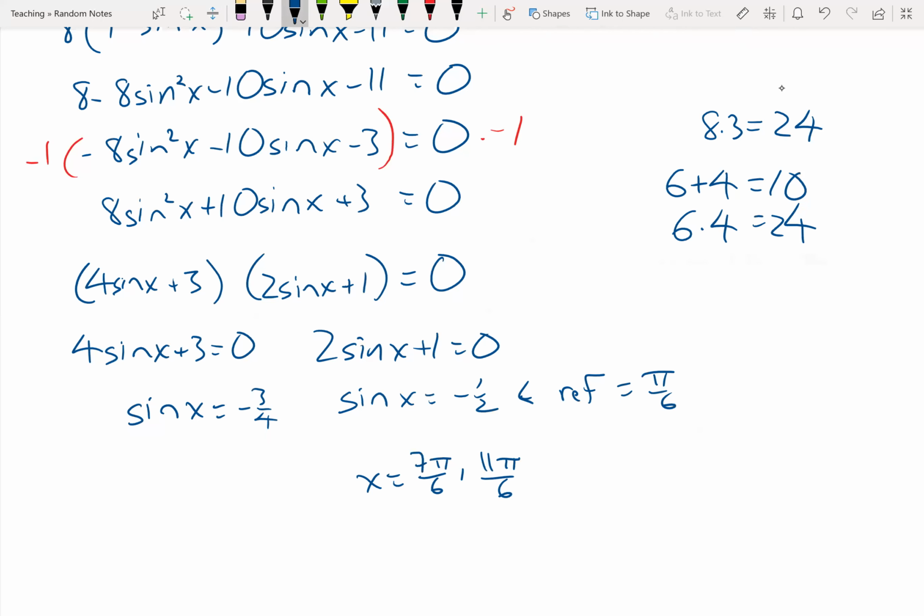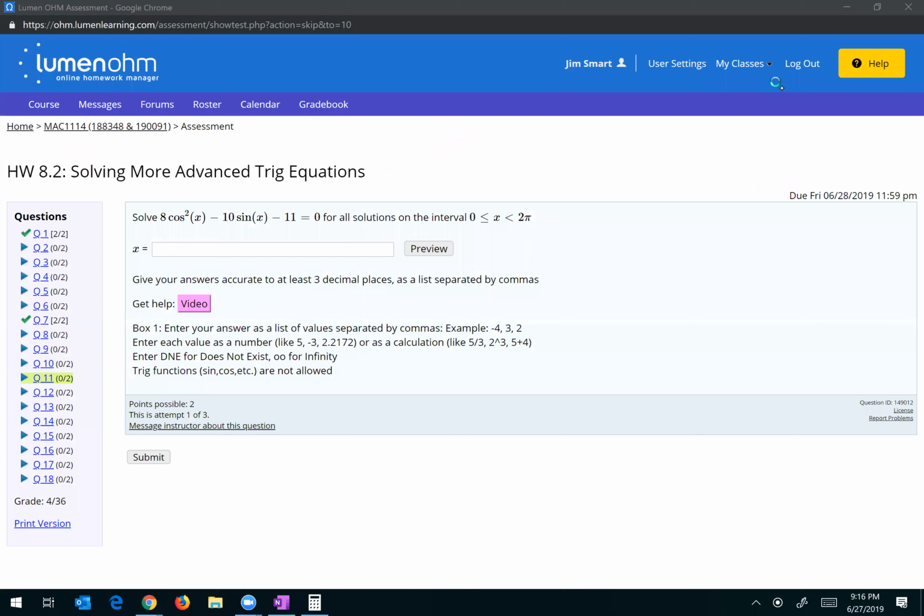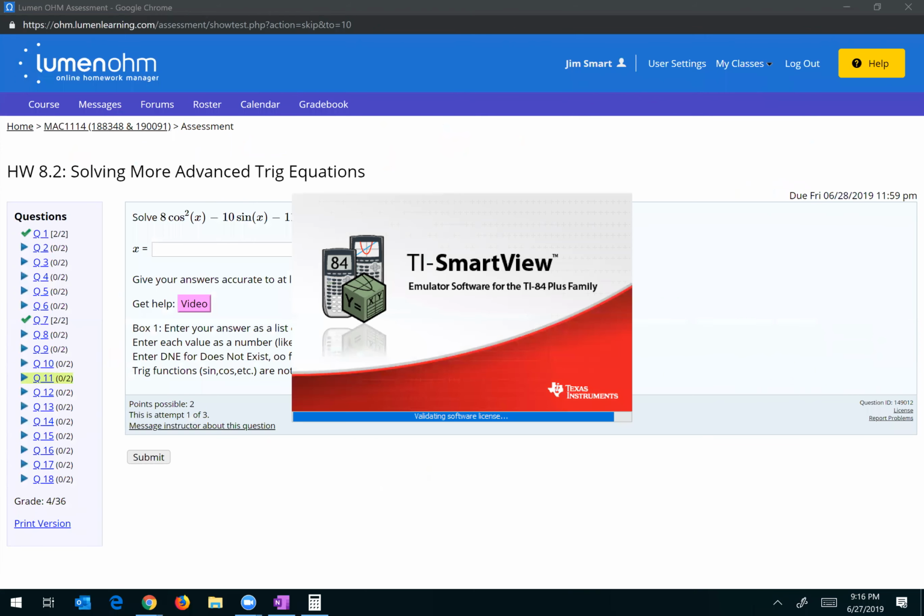For the left hand, I need to do sine inverse of negative 3/4. So let's do that. Actually, you know what? I think I'm going to do it with a TI, especially now we're doing negatives. Wait for my calculator to come up in a second.